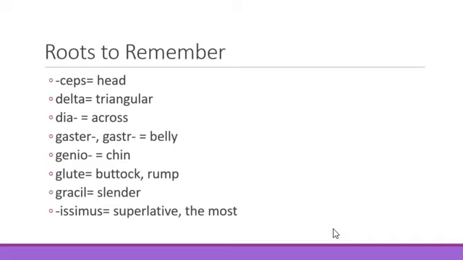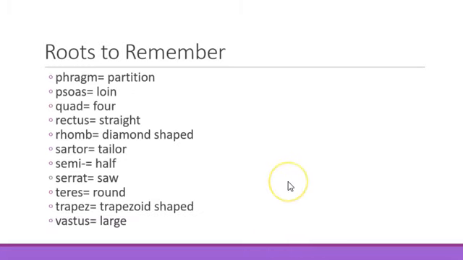Isthmus means superlative or the most, so we have the latissimus dorsi muscles. Other roots to remember is phragm, not fragum, but phragm. This is a partition, so the diaphragm is a partition that goes across the body, again, separating the thorax from the abdomen.